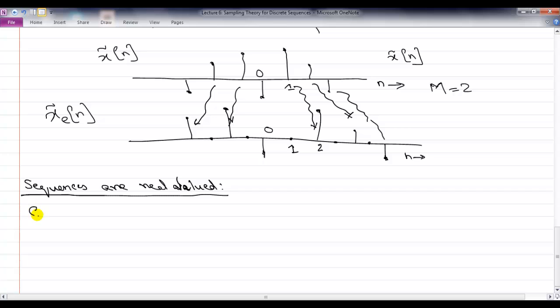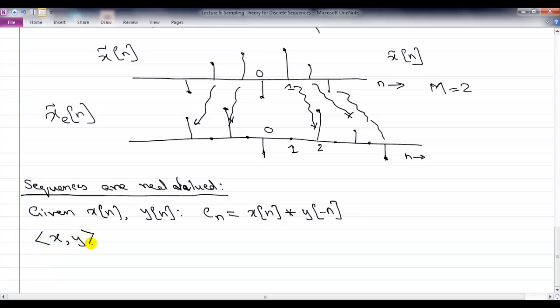I'm given two sequences, x[n] and y[n]. I defined c[n] to be x[n] convolved with y[-n]. What I want to argue is the following. The inner product between the two sequences, just like the inner product in the continuous world, where we argued that it is given by simply the convolution of one function with the other function time reversed and then sampling.